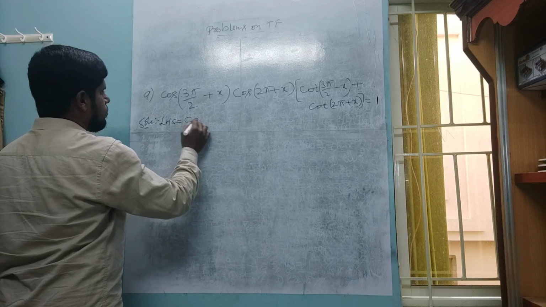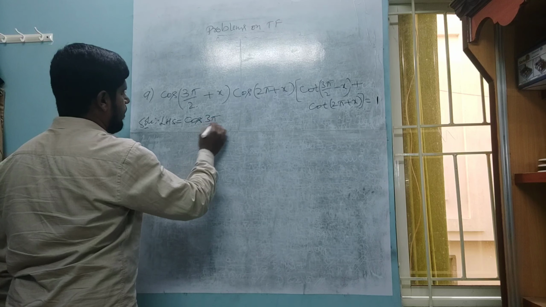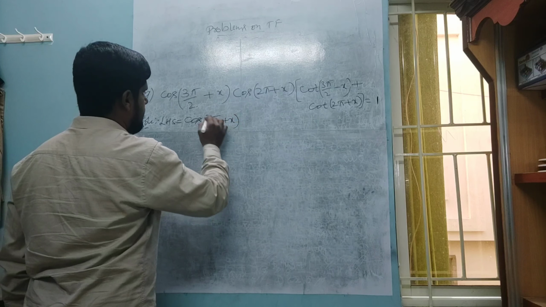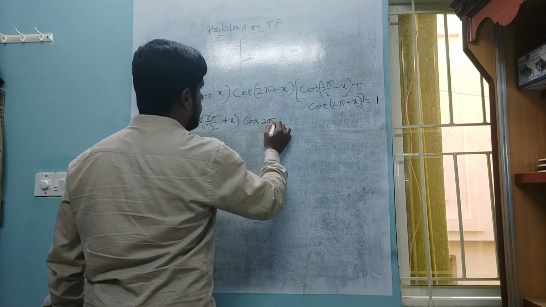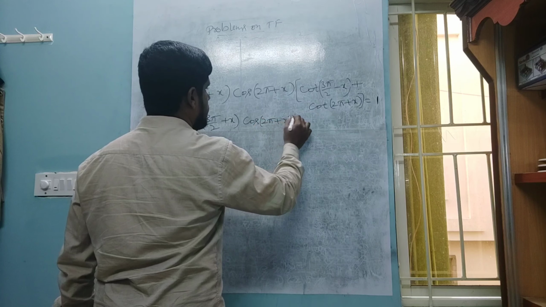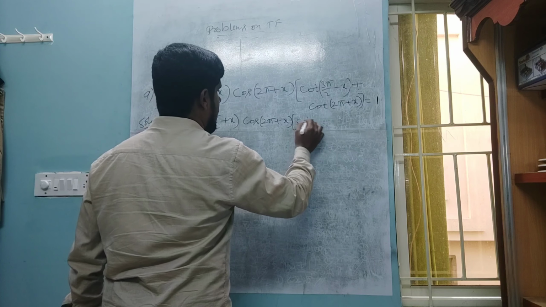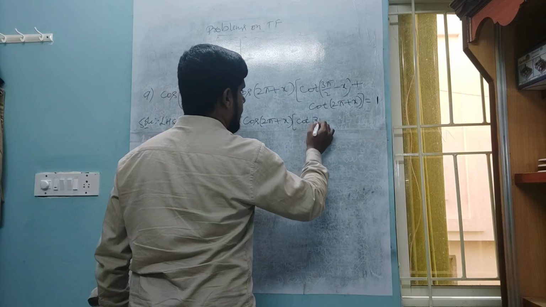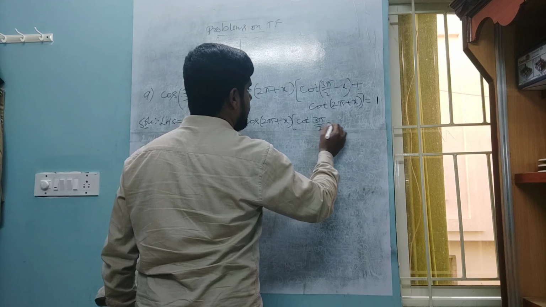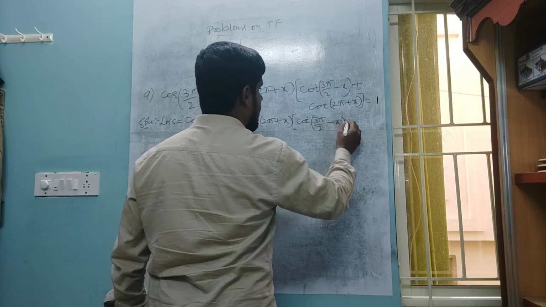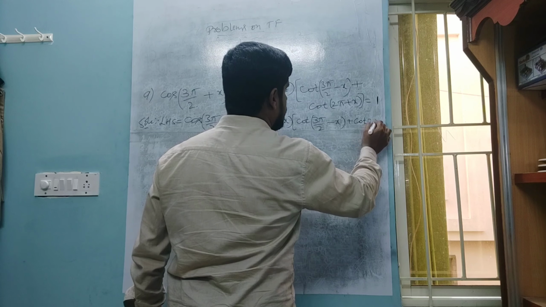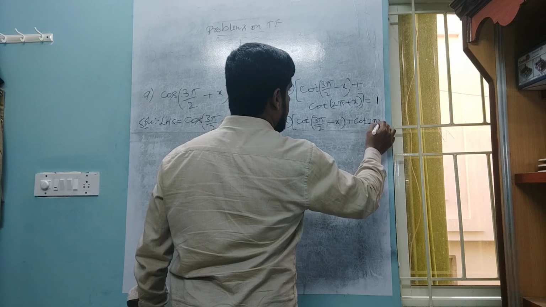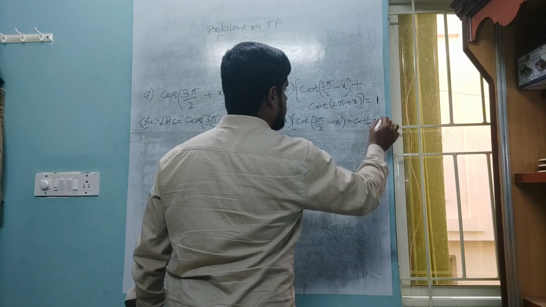LHS is equal to cos(3π/2 + x) into cos(2π + x) into cot(3π/2 − x) plus cot(2π + x).